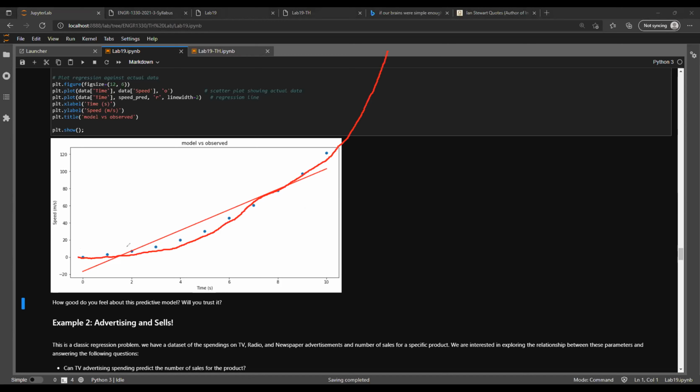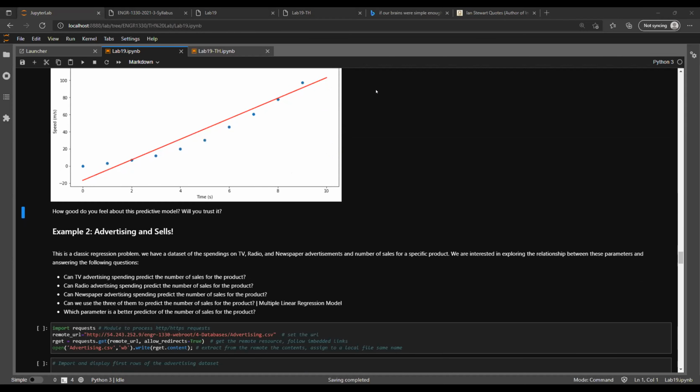But what we can say is that, well, it is the line of best fit for the data. But the further you go on in time, the less accurate it'll be. So it depends on at what point you're talking about. 11, 12, 20, maybe. 60, probably not.